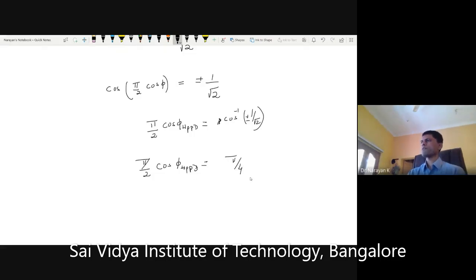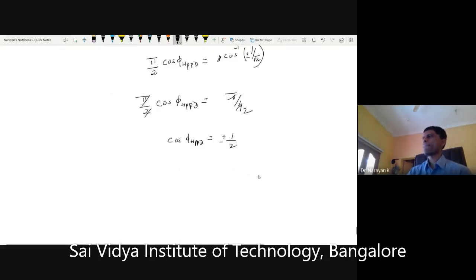So this pi will get cancelled, the 2s and 4s. This will be half. So cos of phi half power point direction will be plus minus half. So your phi half power point direction will be 60 degrees or 120 degrees. That is why we are doing that plus minus 1.